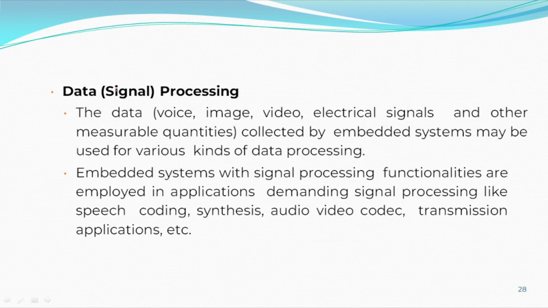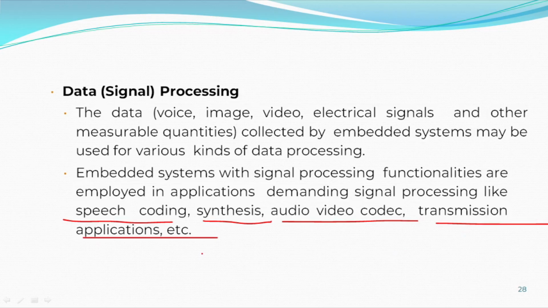Next is signal processing. Signal processing basically includes a lot of tasks like generating human-like speech using machines, compression and decompression of audio and video signals, or even transmission of that data.